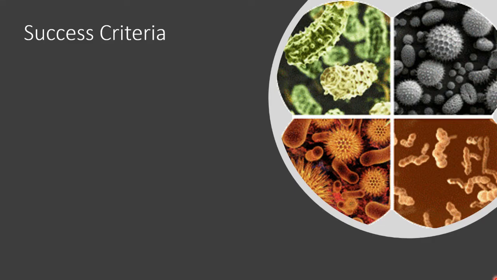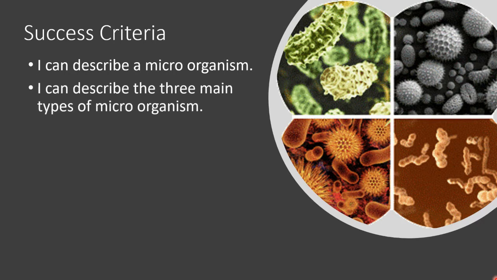So hopefully now you can answer all the questions that we had at the beginning. You should be able to describe a microorganism. That's a small living thing. You should be able to describe the 3 main types of microorganism. So we looked at bacteria, viruses, and fungi. You should be able to give a bit of information about each of those. You should be able to describe fermentation.